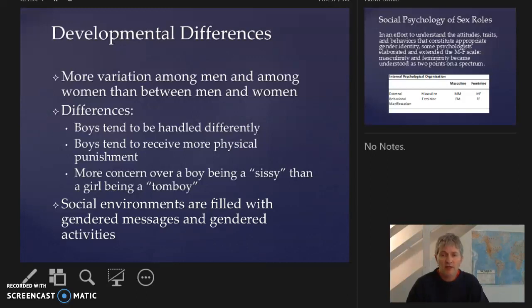The social environments are also filled with gendered messages and gendered activities. So it's not just your own small little networks, it's the entire social milieu that is going to be telling you what it means to be a boy and what it means to be a girl, and the advantages and disadvantages of those meanings.